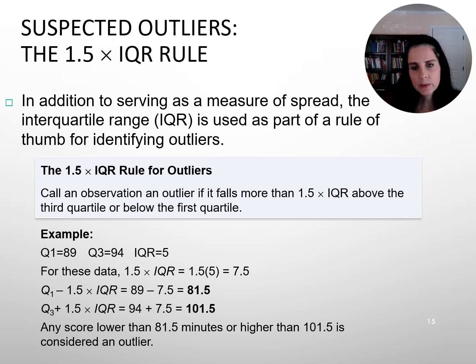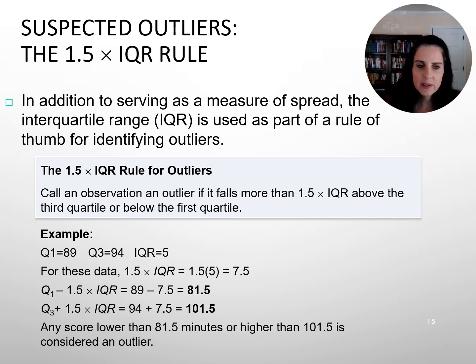In our example, the interquartile range was 5, so if we multiply this value by 1.5, we obtain 7.5. We then subtract 7.5 from the first quartile to obtain the lower limit, and we add 7.5 to the third quartile to obtain the higher limit.